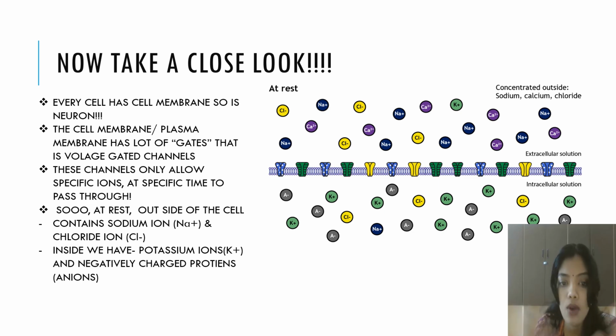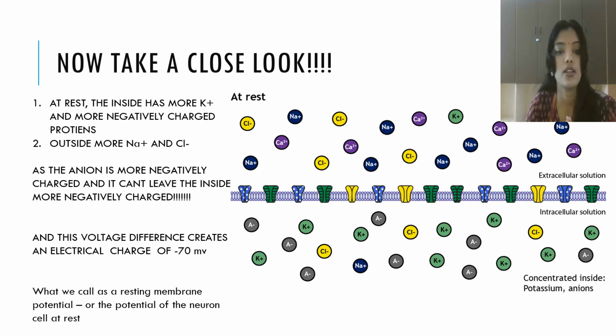And now we'll be in doubt, why is this happening? Why this charge distribution, or how is this ionic gradient forming? We can move on to the next slide. In a plasma membrane, you can see that there are different gates.